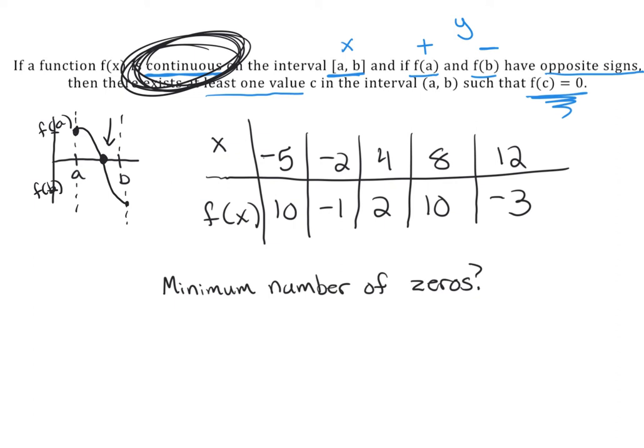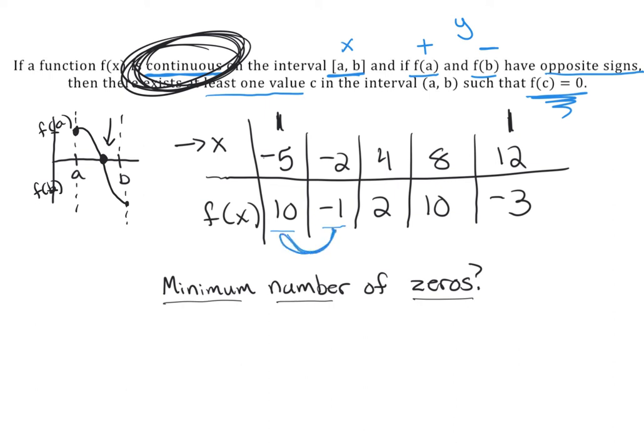So the question is, what is the minimum number of zeros on that function? It is continuous on the interval from -5 to 12. Now look at how many times your y value changes signs. If I go from 10 to -1, that changed signs. There's a 0 there.